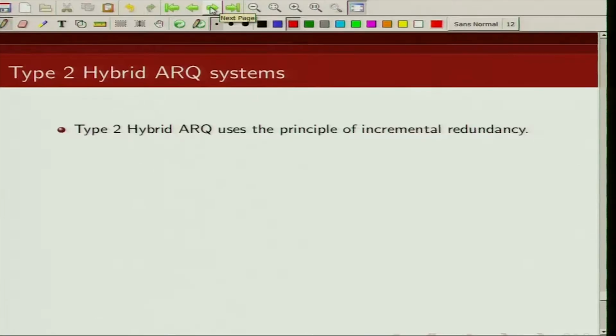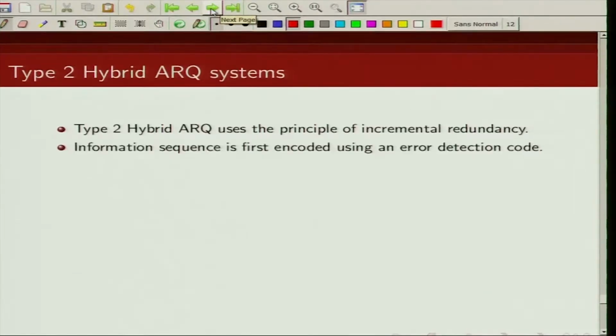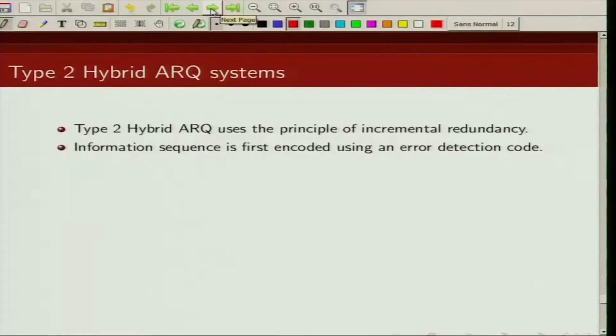Now type 2 hybrid ARQ scheme works on the principle of incremental redundancy. So what happens here is, you first send the information sequence coded using an error detecting code. Now once you receive this packet, the error detecting code will try to see if the packet has been received correctly or not.